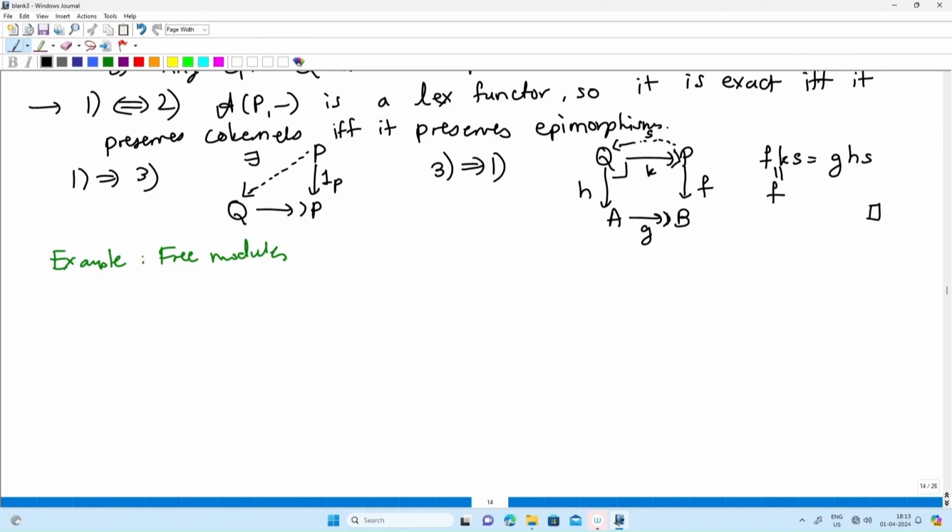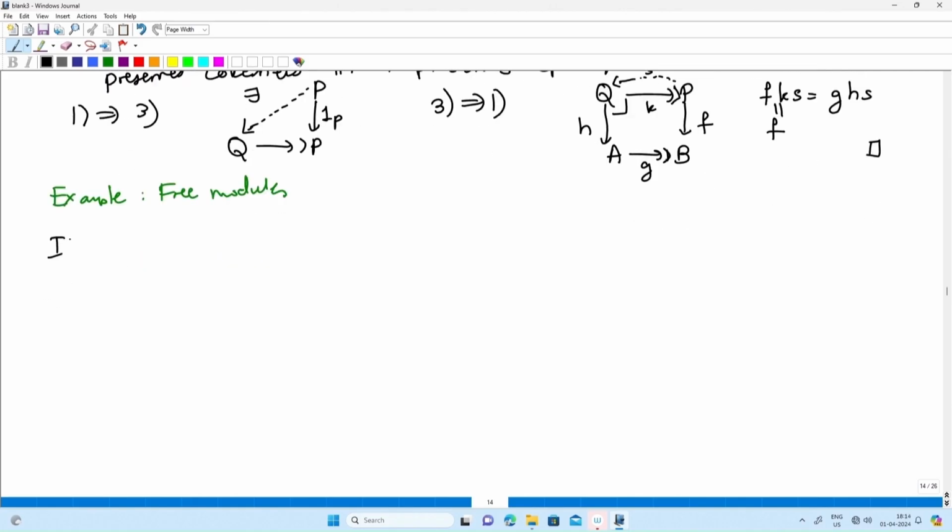And then if you remember, we have talked about projective objects, like there are enough projectives in a module category or in a Grothendieck category. So let me just recall that. If A is Grothendieck, then A has enough projectives.